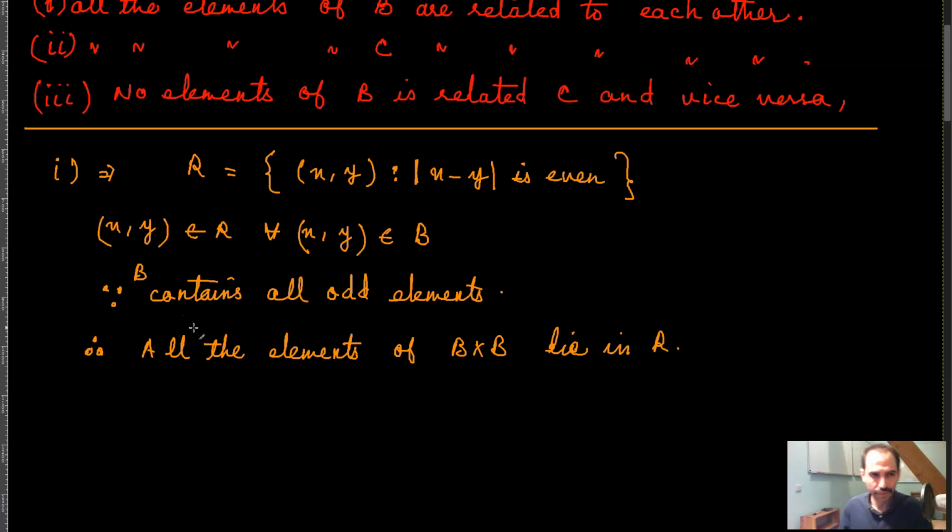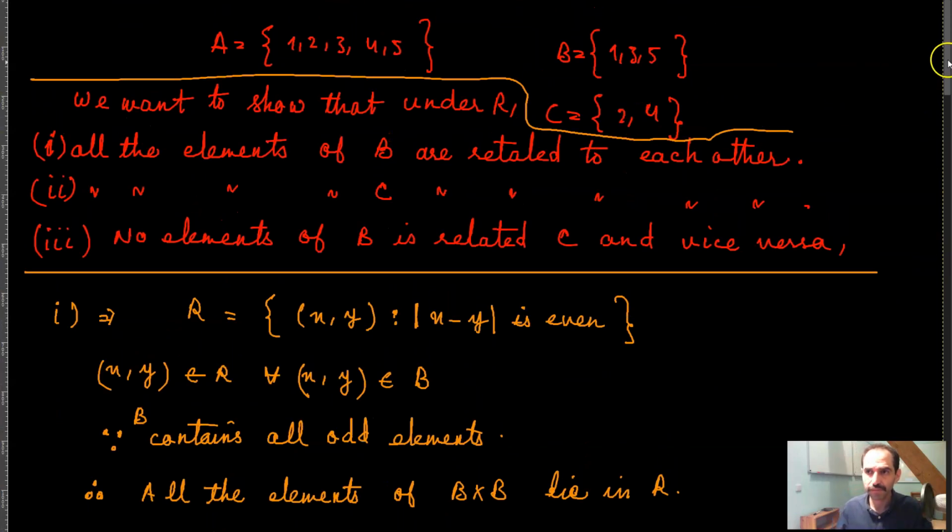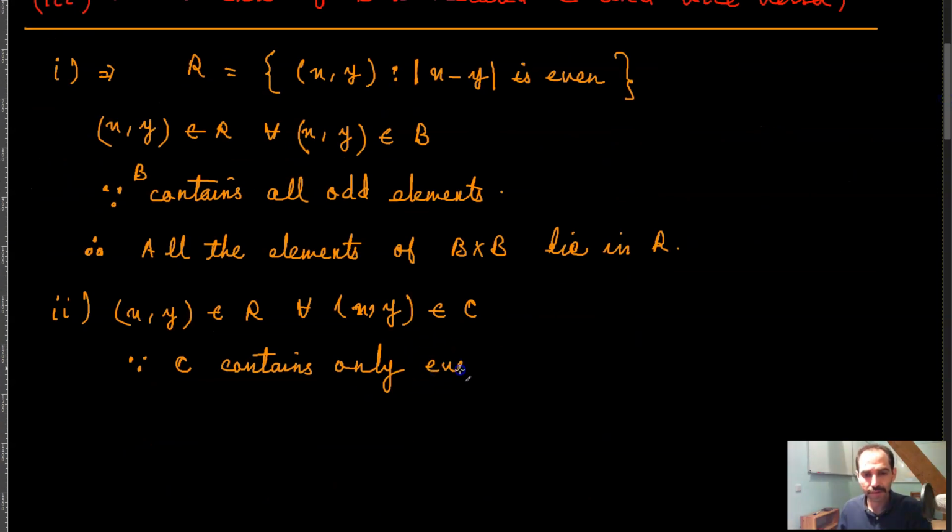Now number two, I want to show that all the elements of C are also related under R. Based on this R, I can say that (x, y) belongs to R for all the elements x and y belonging to C. The reason for that is that C contains only even numbers.